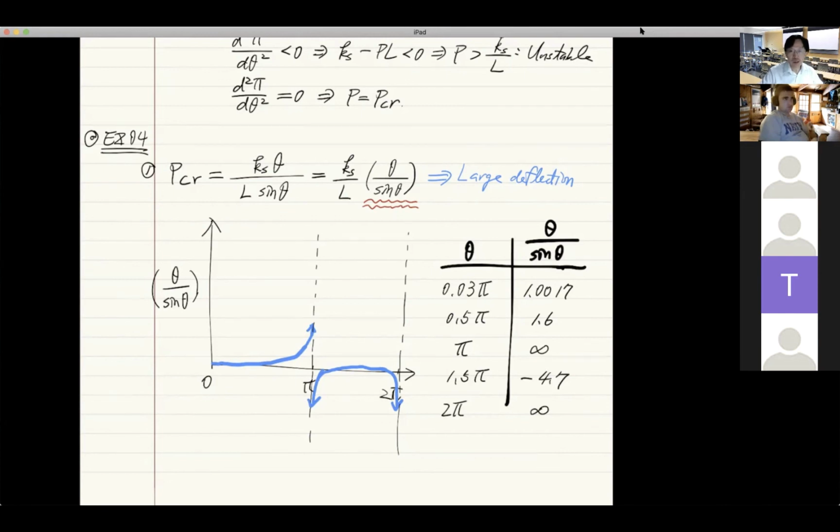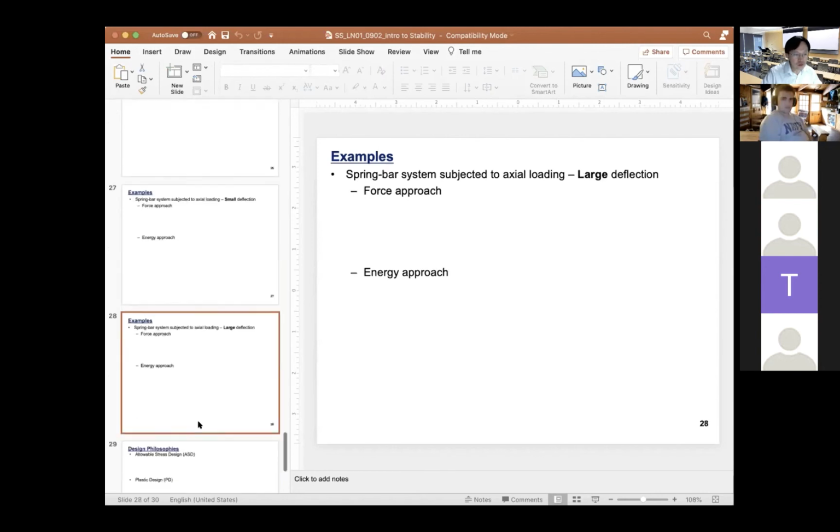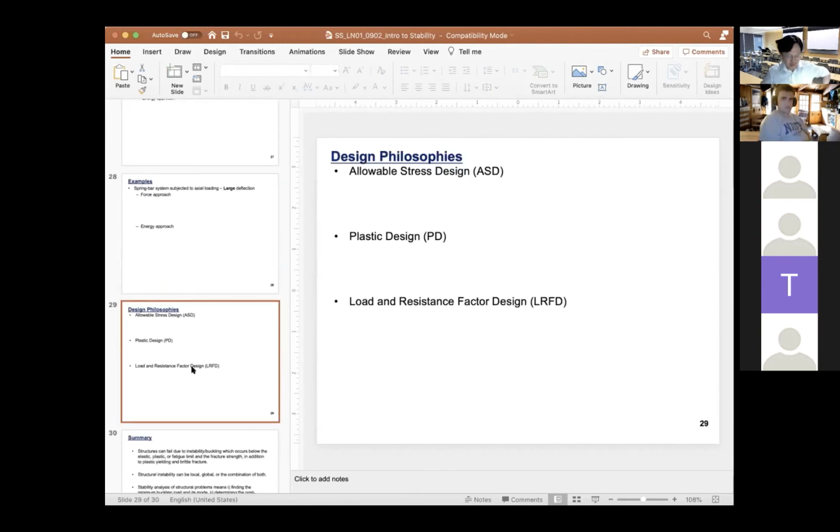Okay, and we're going to come back to the PowerPoint, which is here. Now, design philosophies, and this is a very, very conceptual level of description, and I will not get into the details, but just to give you some ideas about how structural engineers use different design philosophies. In fact, many of you probably have seen some of these from steel design.